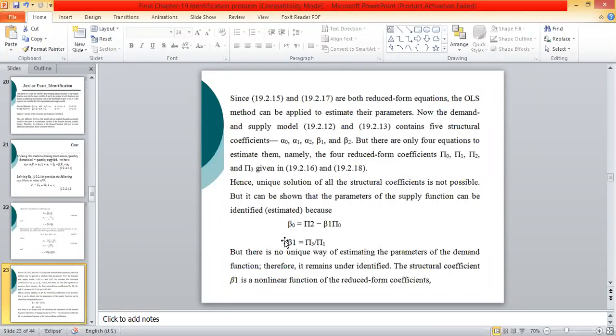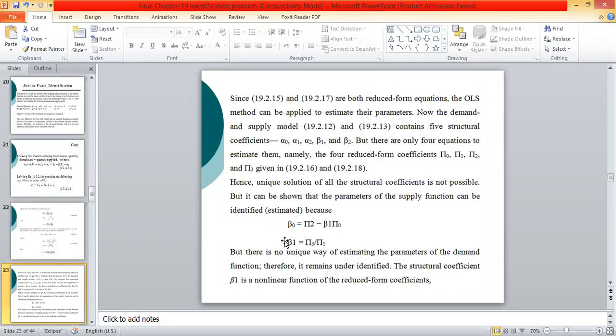It means that because the structural parameters of the supply model can be determined from the estimated reduced form coefficients, the supply function is identified and the demand function is unidentified, because the structural parameters of the demand equation, that is alpha naught, alpha 1, alpha 2, cannot be determined using the estimated reduced form coefficients.